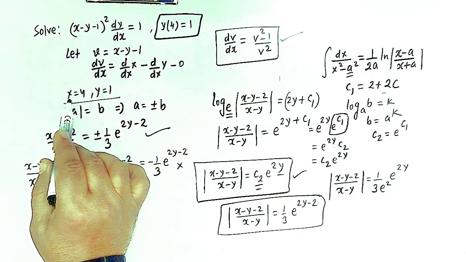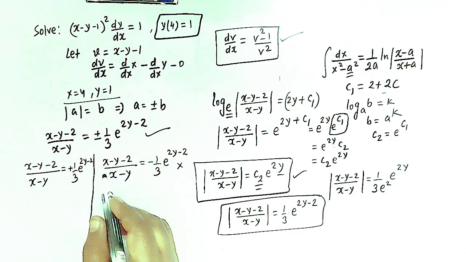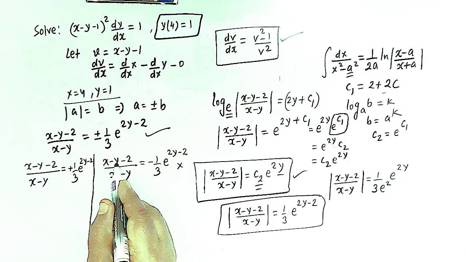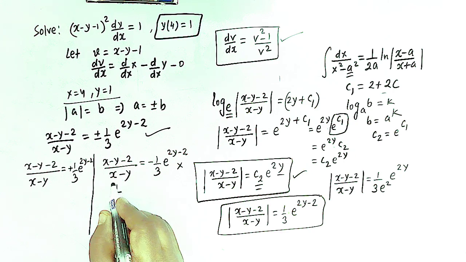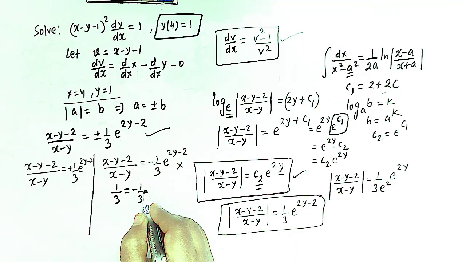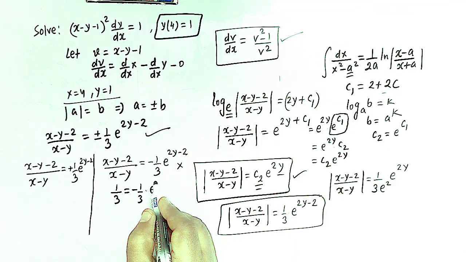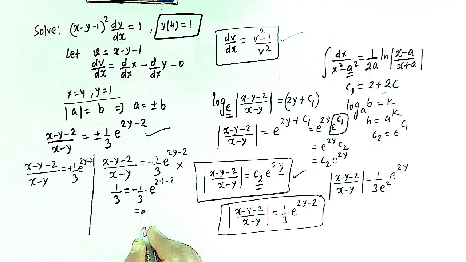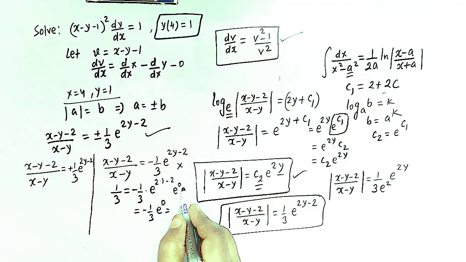So if we take x is equal to 4 and y is equal to 1 in this expression, here we have 4 minus 1 is 3, 3 minus 2 is 1, and here we have 4 minus 1 is 3, and here we have minus 1 over 3, and here we have e raised to 2 times 1 minus 2, that is minus 1 over 3, and e raised to 0, e raised to 0 is 1.